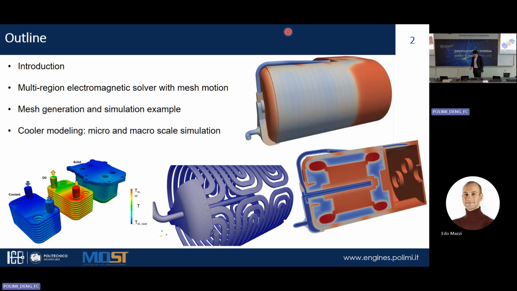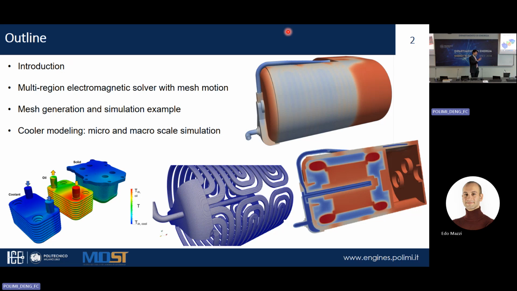In this presentation, I will give you a brief introduction explaining the motivation of these developments. Then I will pass to the description of the multi-region electromagnetic solver that has been implemented along with the mesh motion. Then I will show some mesh generation and simulation examples for this type of application. And then I will move the focus to the analysis of the cooling system modeling.